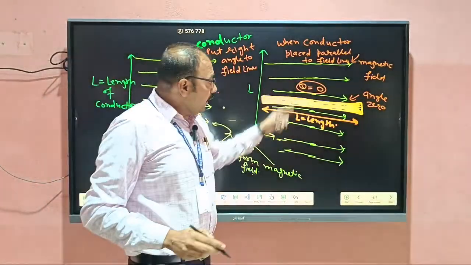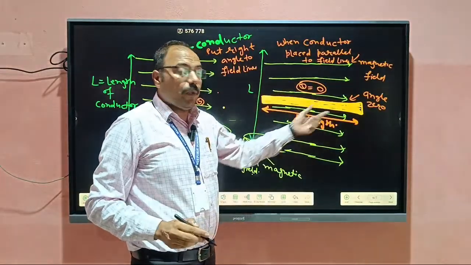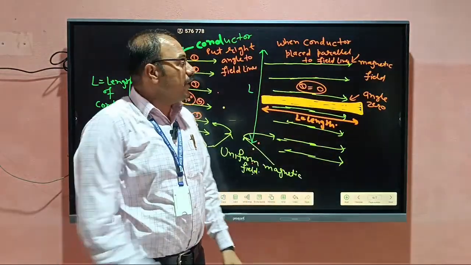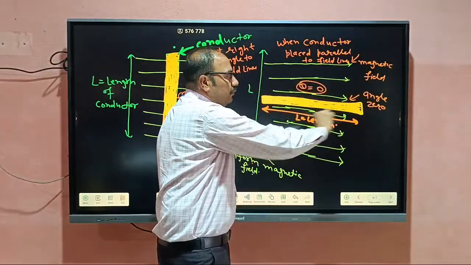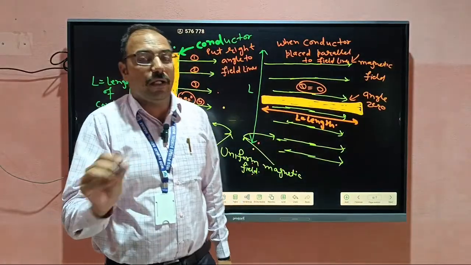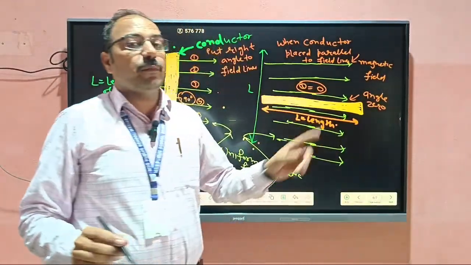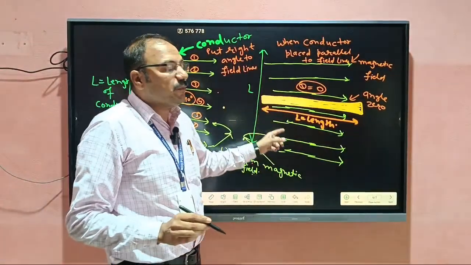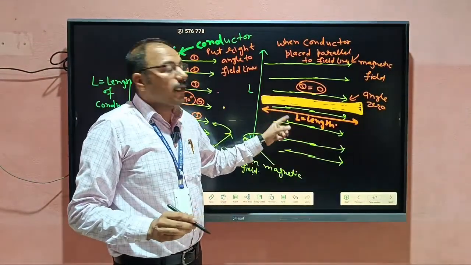But here we see that the conductor is placed parallel to the field lines, so these lines do not pass through the conductor. So here the conductor does not experience force. The force experienced by the parallel conductor is 0.